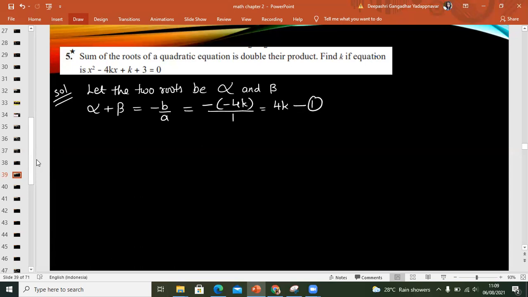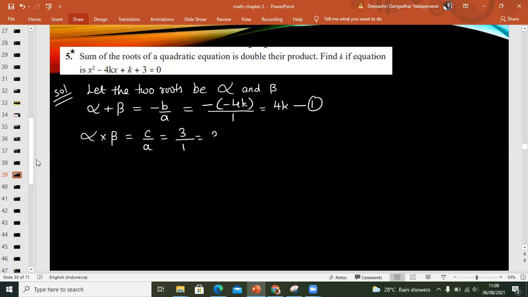Let us consider this as equation 1. Then it says sum of roots of quadratic equation is double their product. Let's write the product first. Alpha multiply beta. Product formula is c upon a. C value is 3 in the equation. A value is 1, which will give you.